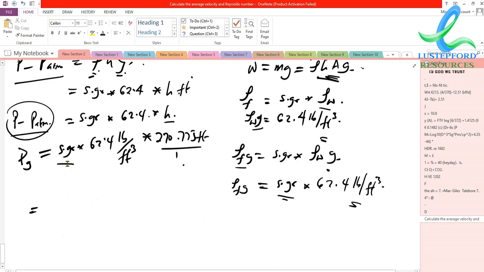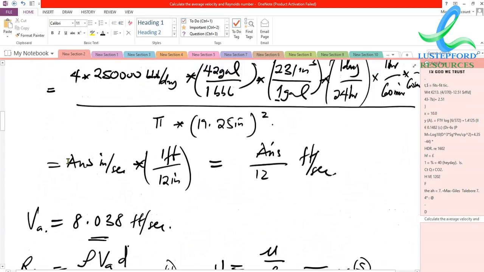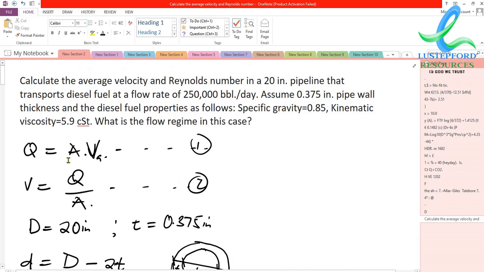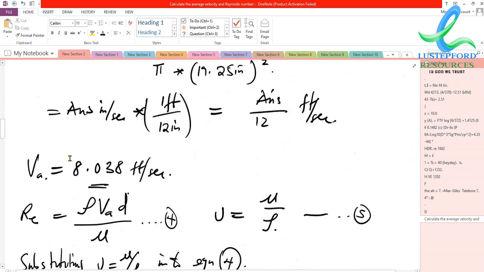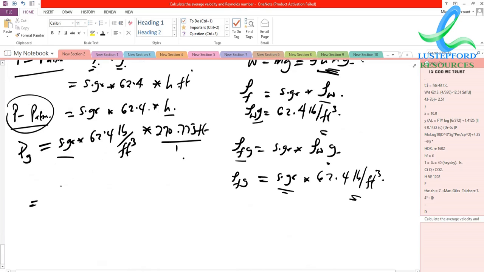Now the specific gravity of the fluid is what? Okay, 0.85 times 62.4 times 270.775. This will now be in pounds per feet square.